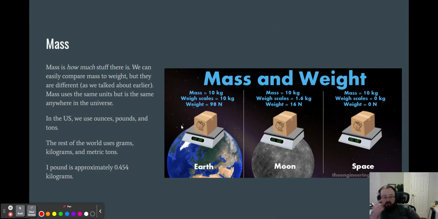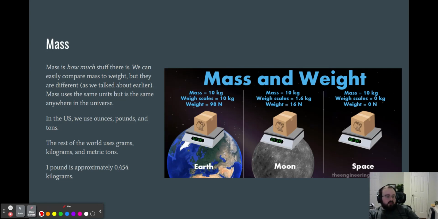Here we have mass. Mass is how much stuff there is. So it's different than that mole, which is the amount of stuff. That's a numerical count. Mass is how much stuff there is. We can easily compare it to weight. This is the same picture I used in the very first PowerPoint that I shared with you all, but it is different as we go here. But we can imagine they're kind of the same. Mass uses the same units that we really use as weight.